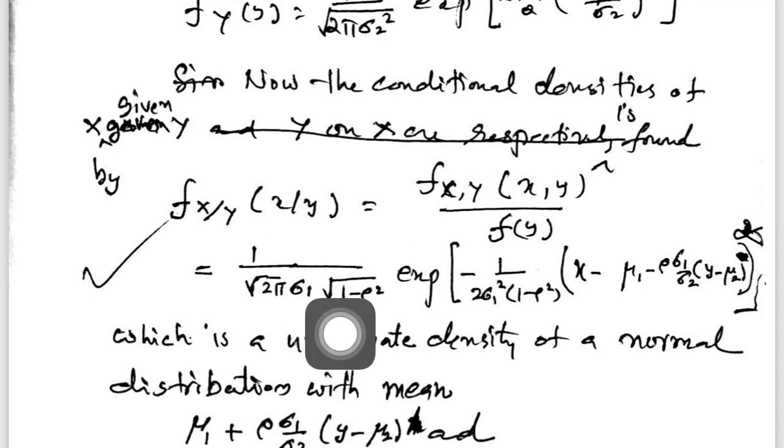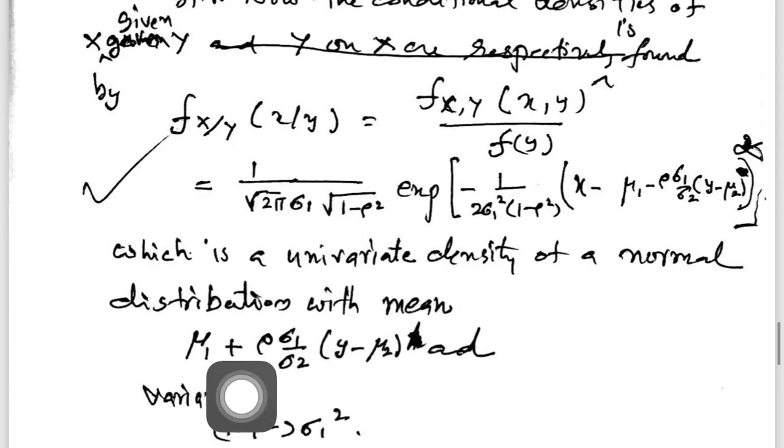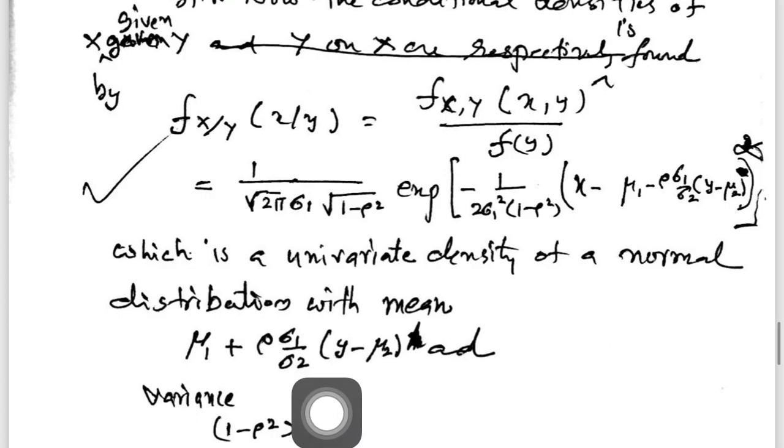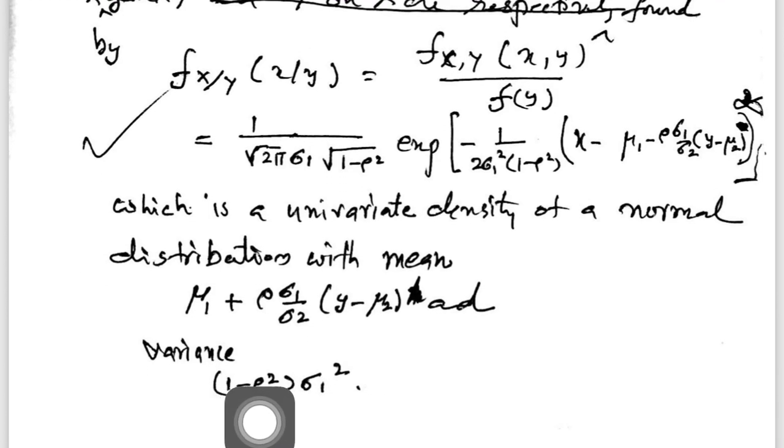So by identifying the mean and standard deviation of this density, you can see that the mean is mu 1 plus rho into sigma 1 by sigma 2 into (y minus mu 2), and variance is 1 minus rho square into sigma 1 square. What is the form of the density of normal distribution?